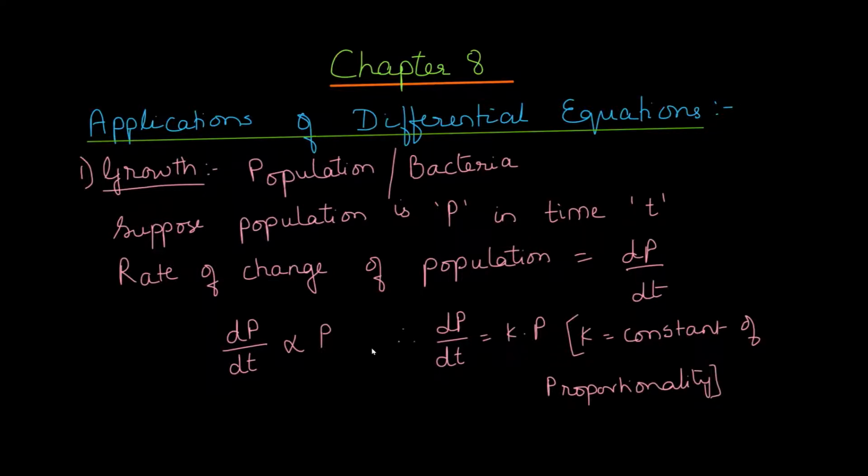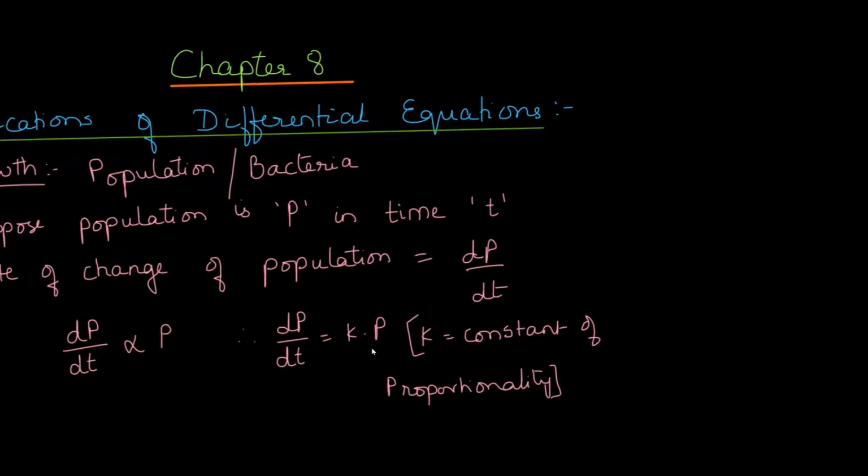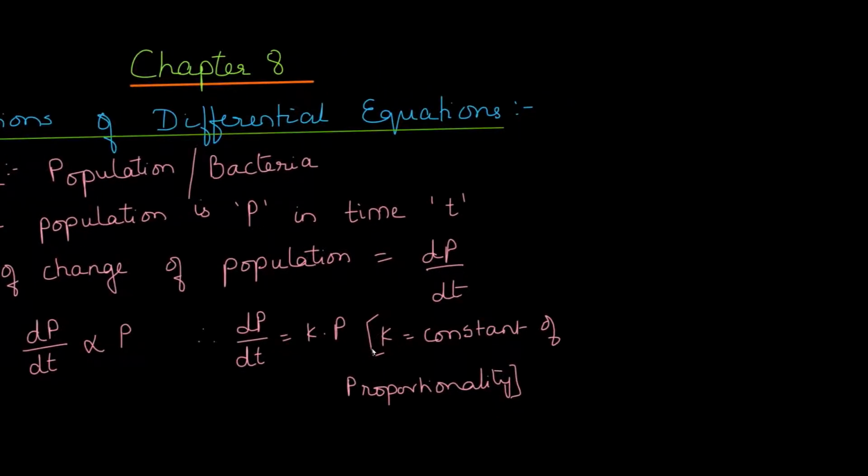Now what we do is that we may just rearrange this equation. See, dP by dt is equal to kP. Therefore, we can write dP by P. What have we done over here? We have brought this P over here to the LHS and dt can be taken to the RHS. So thus we get dP by P is equal to k into dt. Now we can integrate both sides.